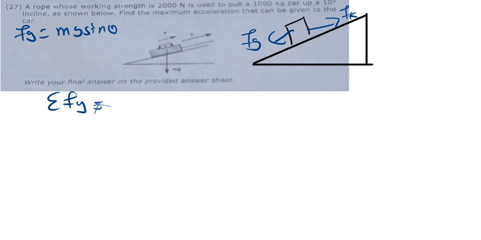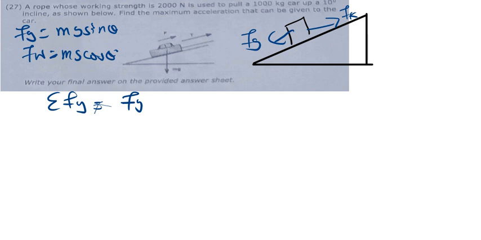Meaning that for us to find the acceleration, we know that it's going to be the summation of all the forces. The force that is making this object come down is basically Fg, and we should remember that Fg is mg sine theta and Fn is mg cos theta. The only thing which makes this object come down is basically Fg.